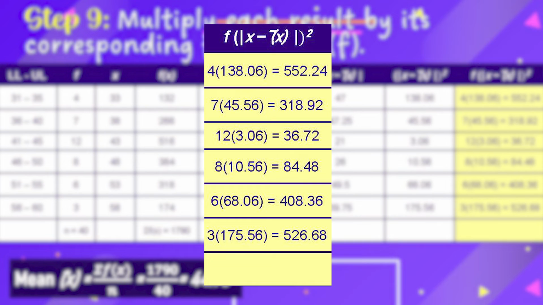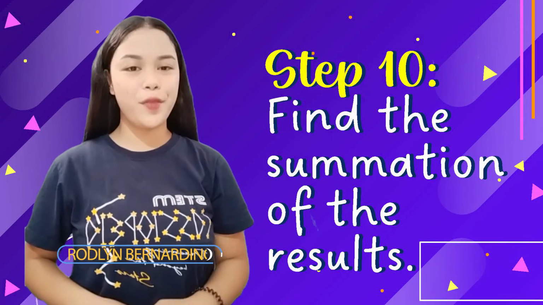Next, the frequency of 6 multiplied by 68.06 equals 408.36. And last, the frequency of 3 multiplied by 175.56 equals 526.68.